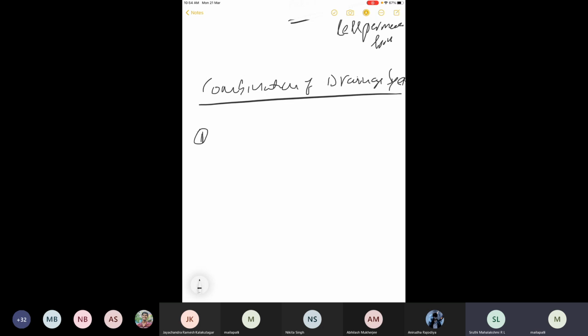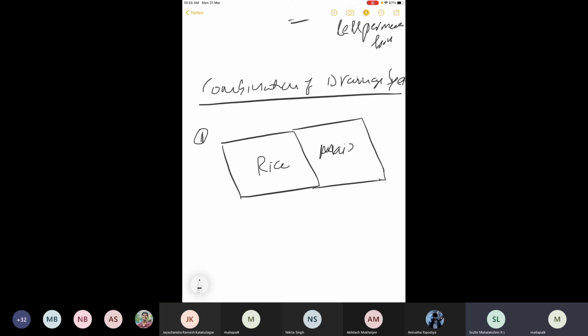the maize or cotton crop. Okay, so that means you have the rice crop here in the field, and in the adjacent field you may have maize or wheat or any dry food crop, or cotton. So in this case, suppose suddenly there is a rainfall.